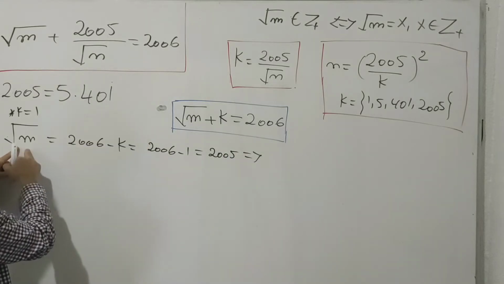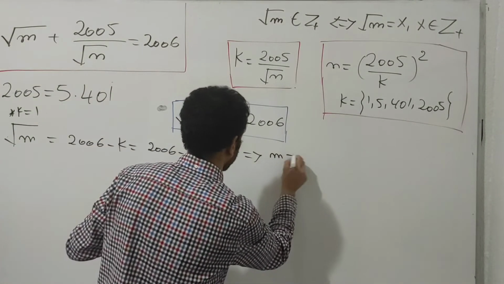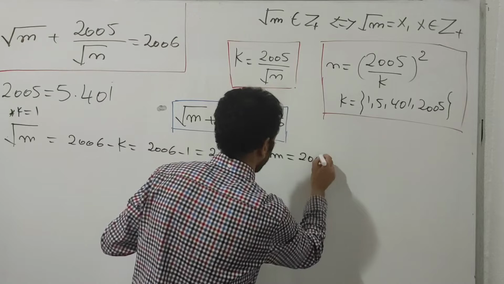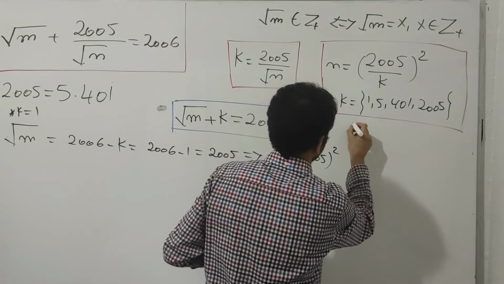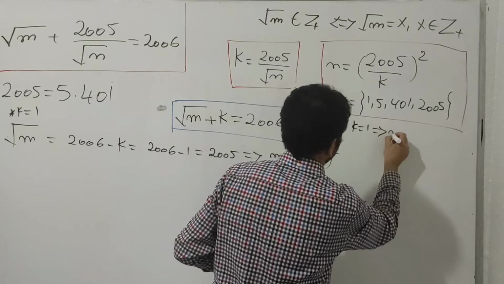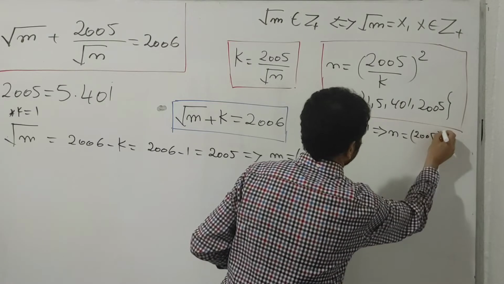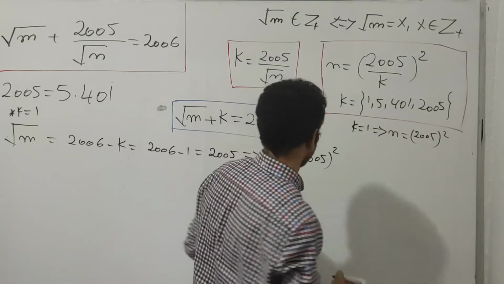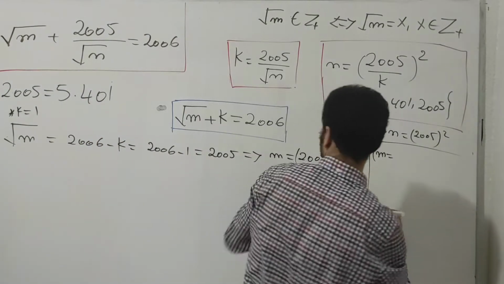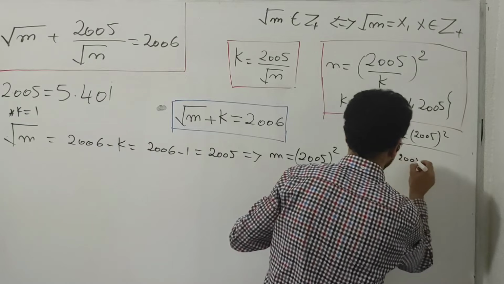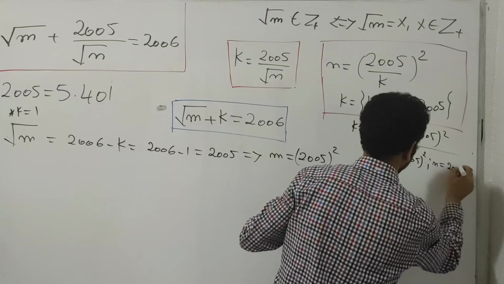To find m, I raise both sides to the power 2, so I get m equals 2005 squared. For k equals 1, I have n equals 2005 squared. So the first pair of solution is m equals 2005 squared and n equals 2005 squared.